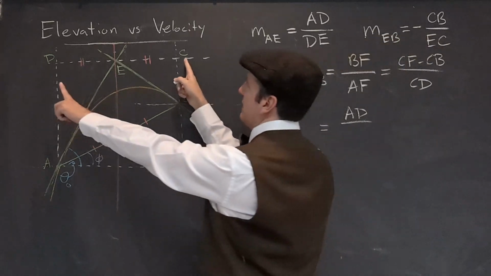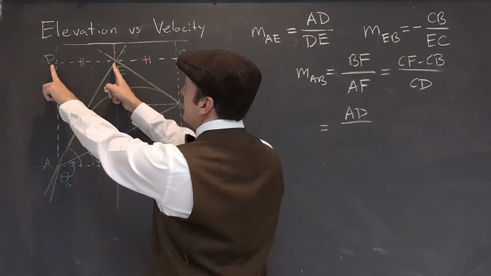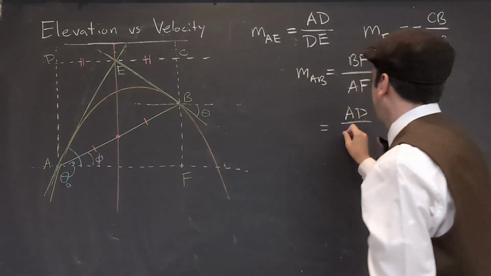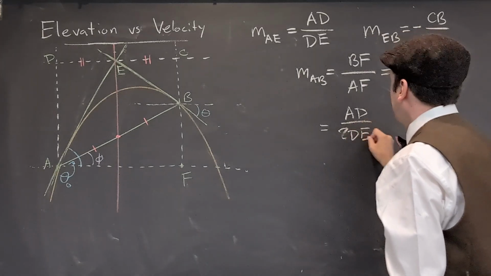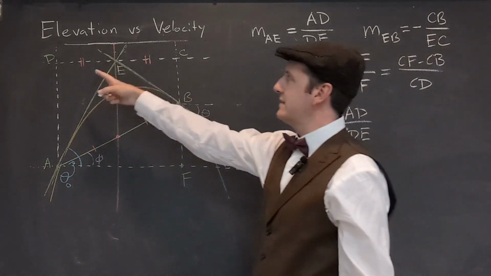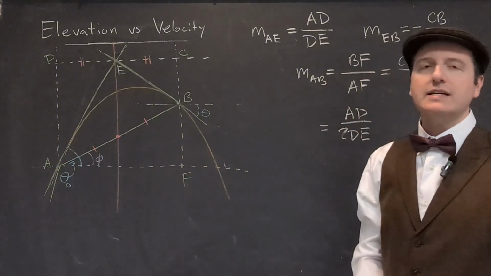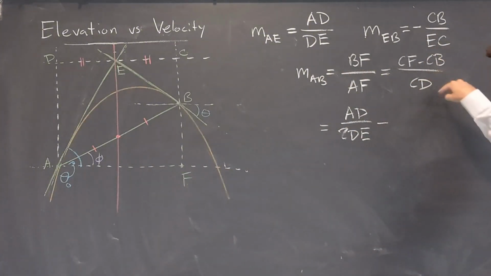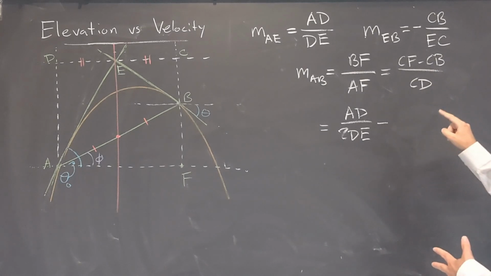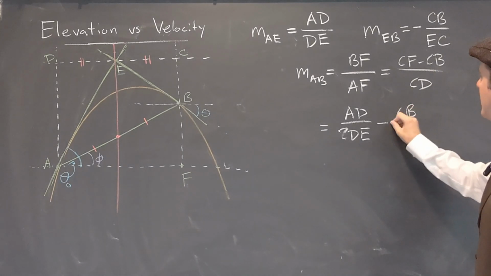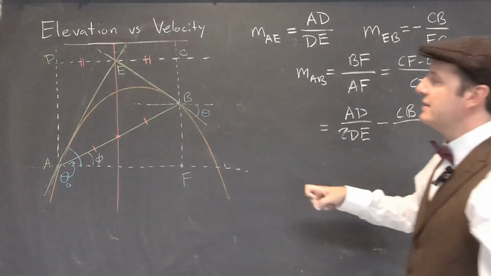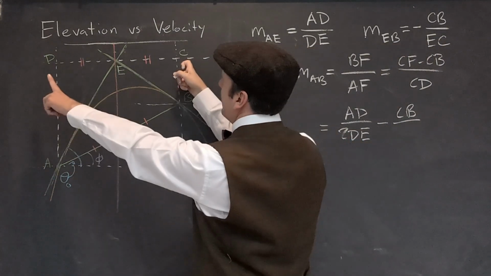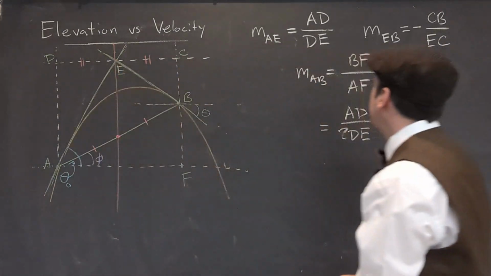Okay, CD is just twice DE, because CD is DE plus EC, and E is the midpoint of that. Then for the second term, which I'm splitting off, I have CB, I'll leave that, divided by CD, but this time I'm going to write CD as twice EC.